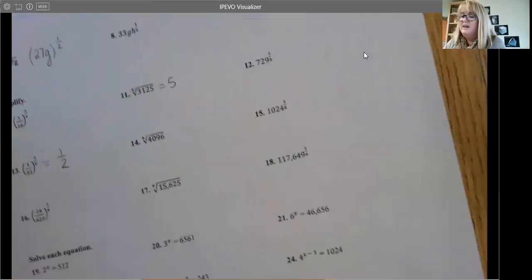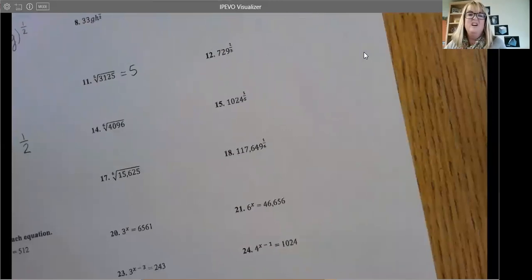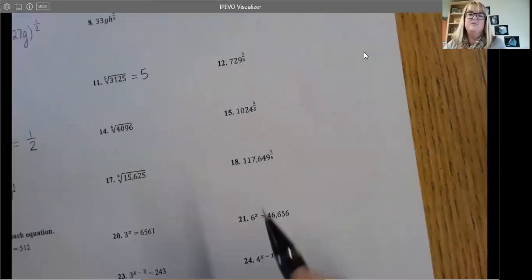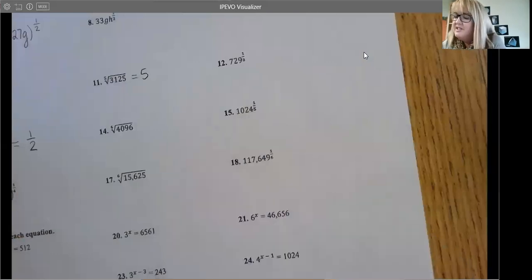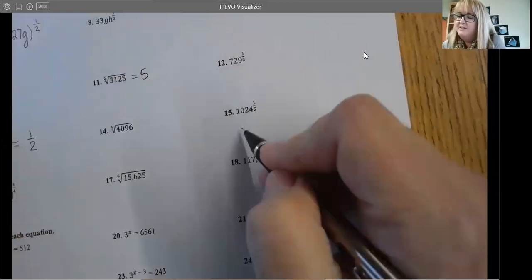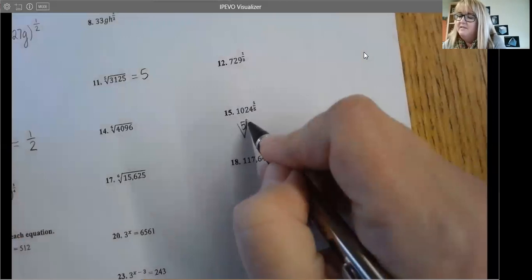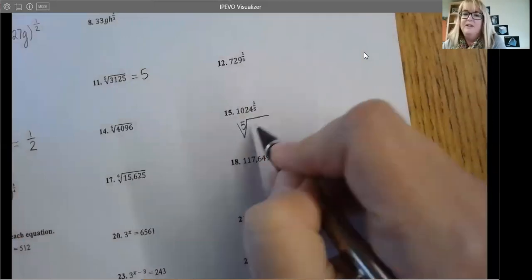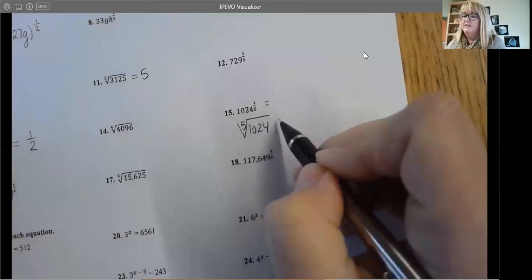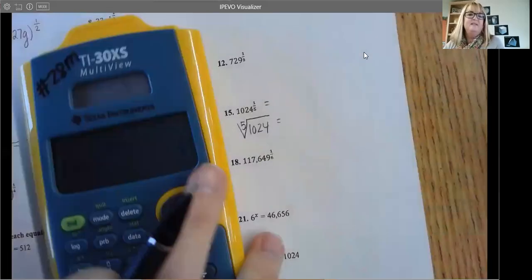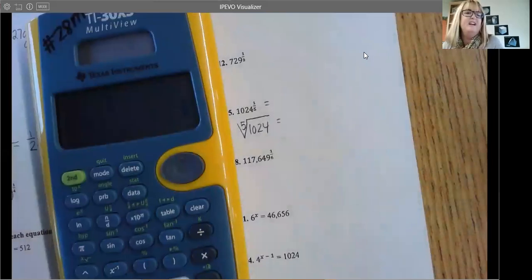Okay, 15, 1,024 to the 1/5 power. Just so that you know that we could also do the 5th root of 1,024. Either one of these will work. Let's see if I can prove that.